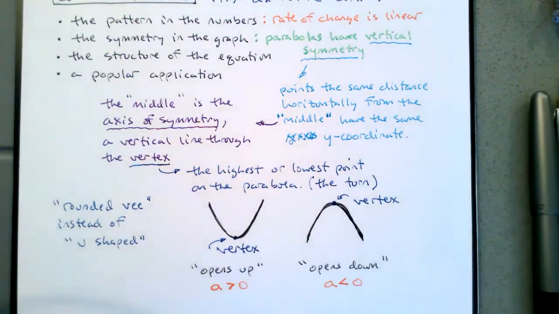So rounded V shape instead of U shaped. That's a personal preference. I'm sure that there are other professors out there who have a different set of neuroses than I do, and so they'll be perfectly fine with U-shaped.